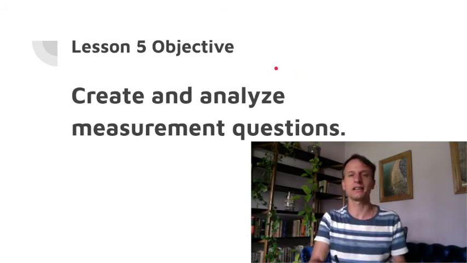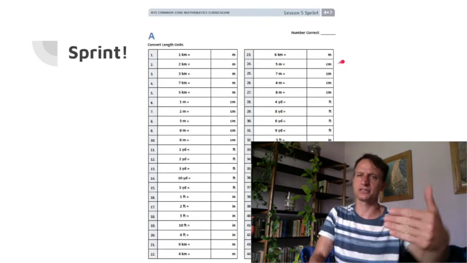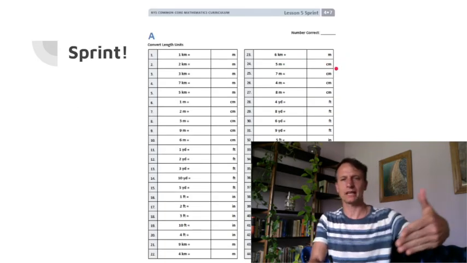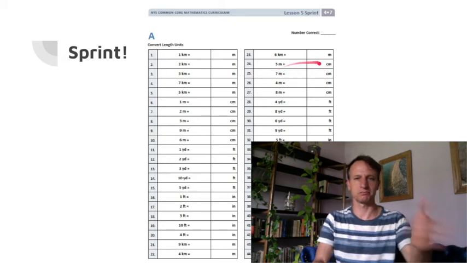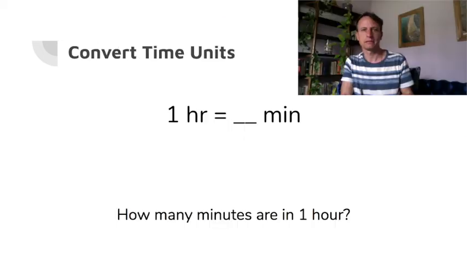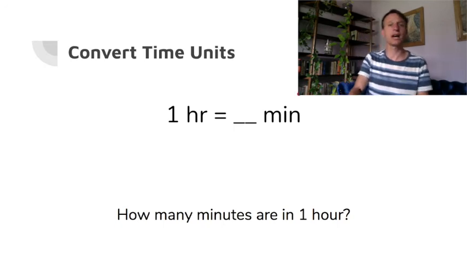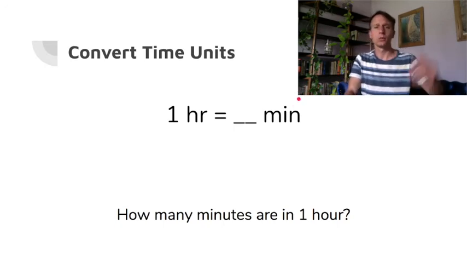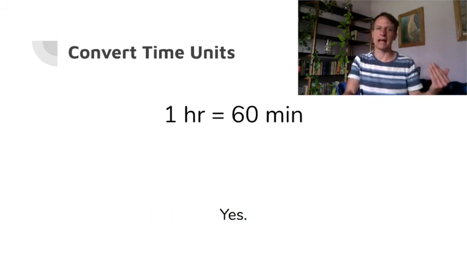All right, so let's do a little warm up here. There is a sprint. If you're going to do that, go ahead and do that. Converting metric and customary length. But we'll do some time conversion, because that was the last lesson. 1 hour is how many minutes? 60 minutes.